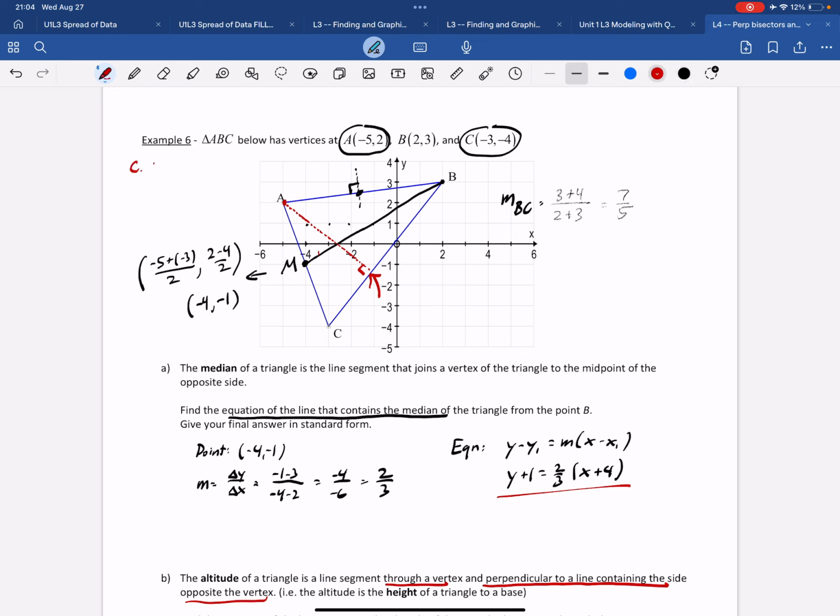What's the slope of AB? Well, the change in y is 2 minus negative 4, so 2 plus 4, and then negative 5 minus negative 3, so negative 5 plus 3.